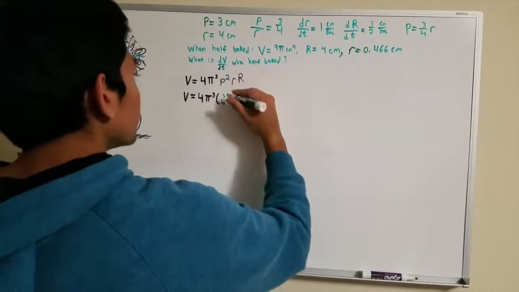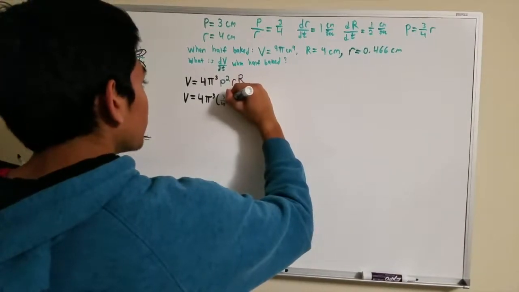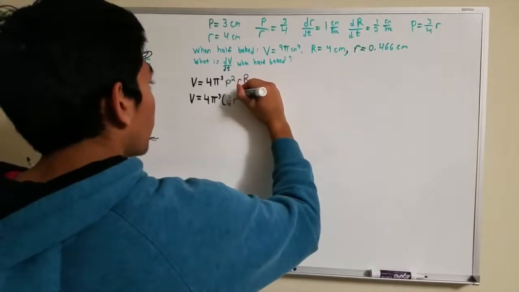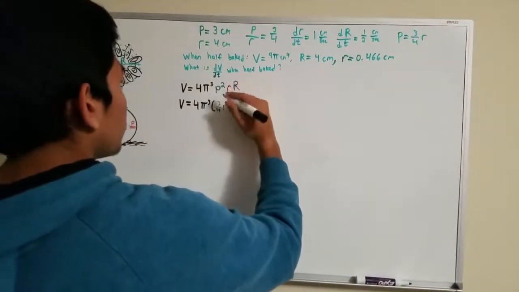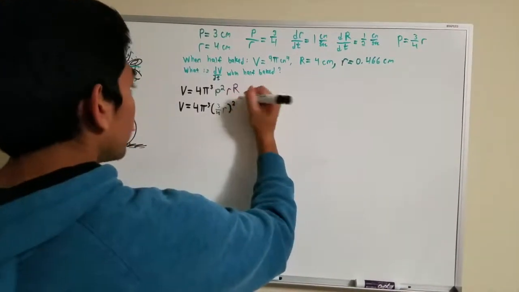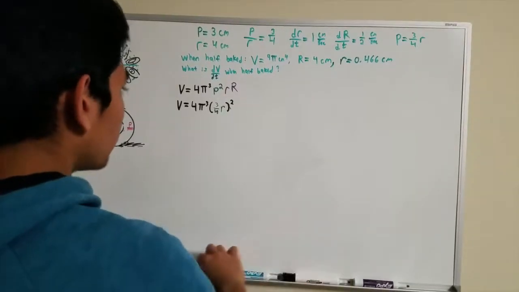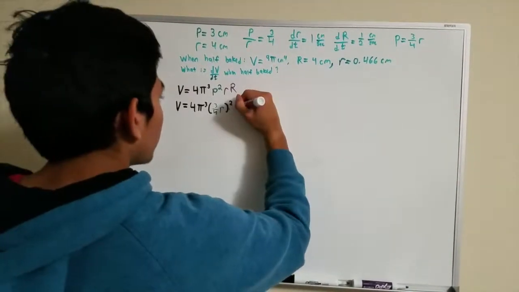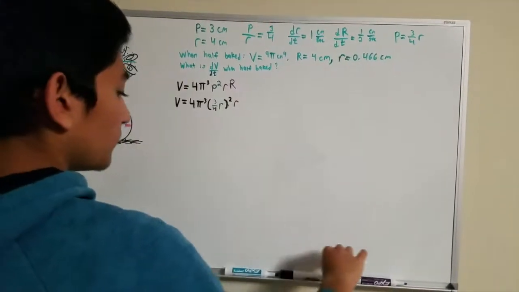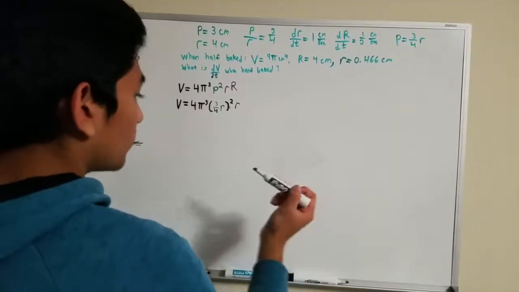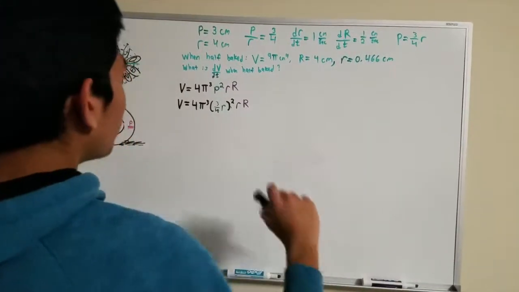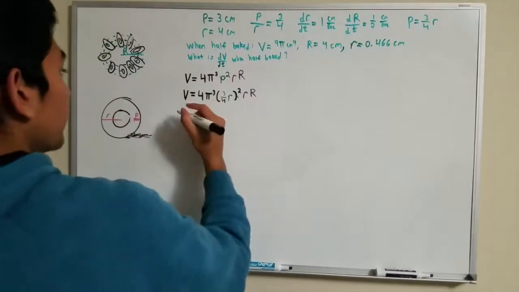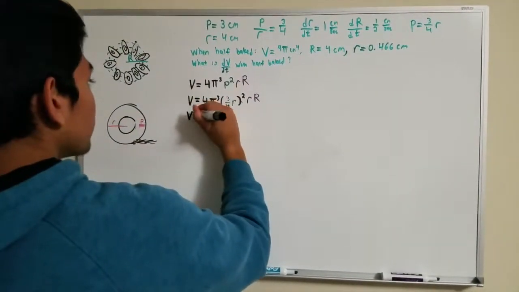the volume is equal to 4 pi cubed times 3/4 R, squared, times R, times capital R. And now we can simplify this by squaring the inside.